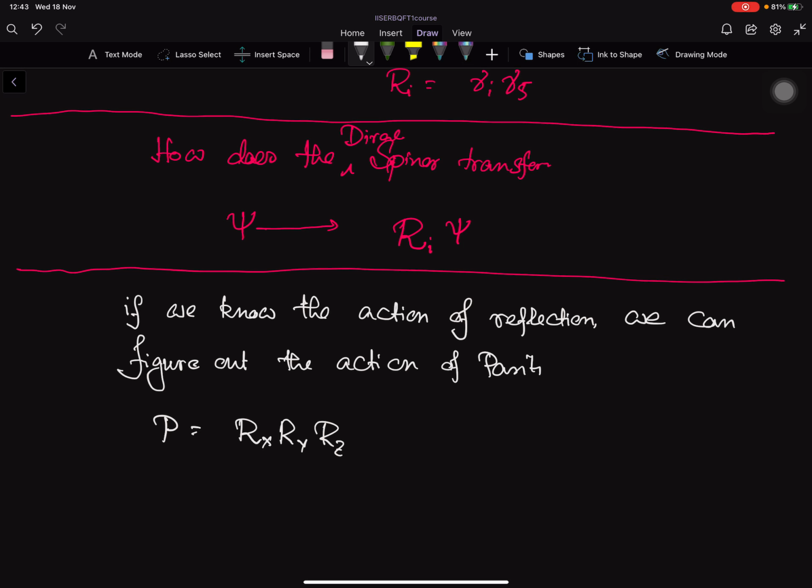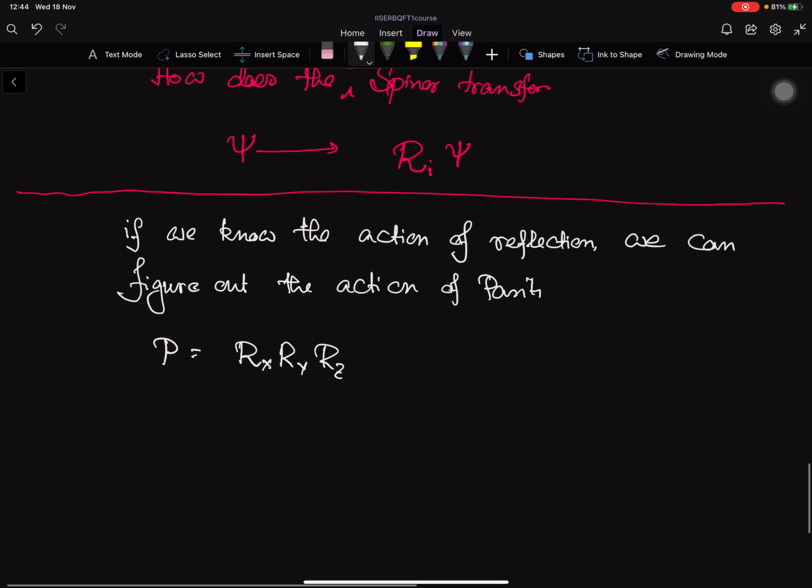And actually you can check that Rx, Ry, Rz commute, so it doesn't matter in what order we do this. So this is the action of parity.